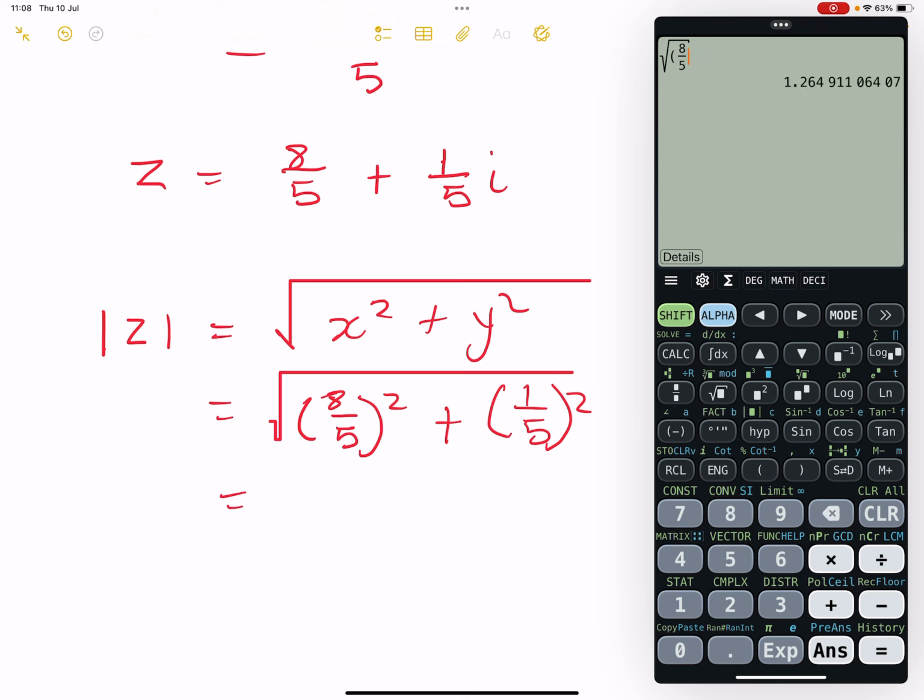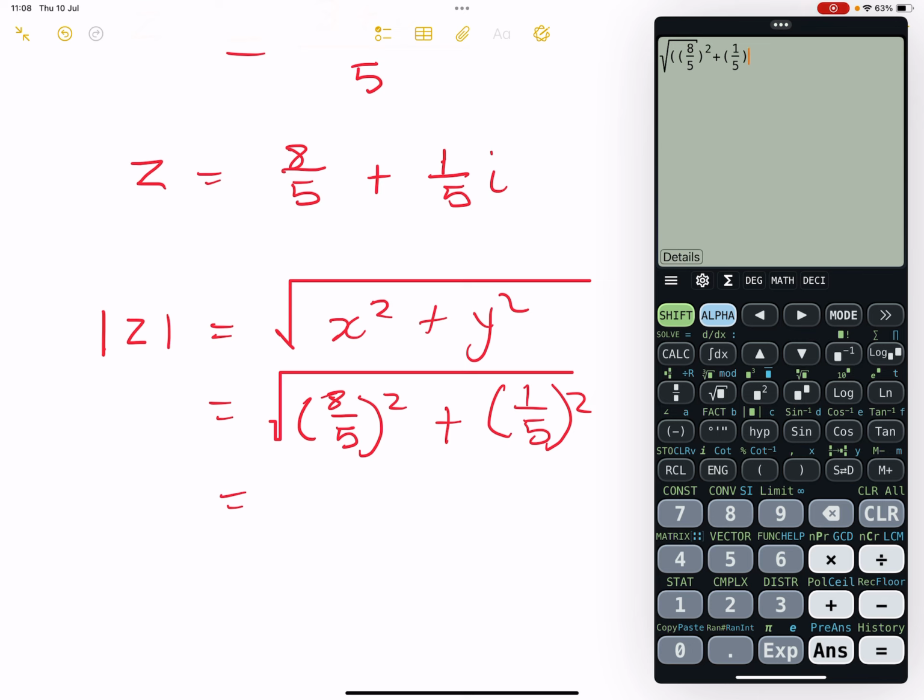all right, let's do this. I should have actually opened 2 brackets. So that's 8 over 5 squared plus 1 over 5.